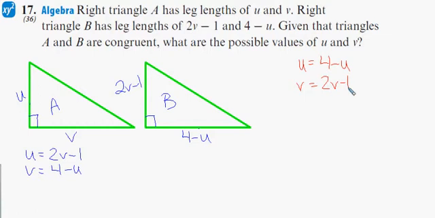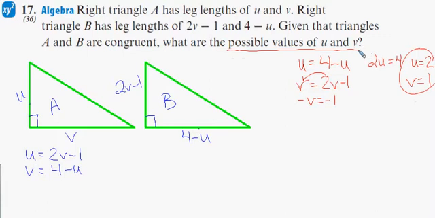We can easily solve for U and V here. Do you see that we get 2U is equal to 4, which means U is equal to 2. And then when we bring the 2V over here, we get negative V equals negative 1, so V is equal to 1. Well, that was easy, right? So there's one of our possible sets of values for U and V.